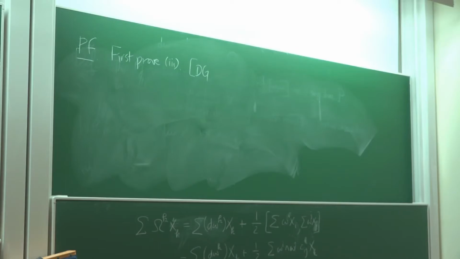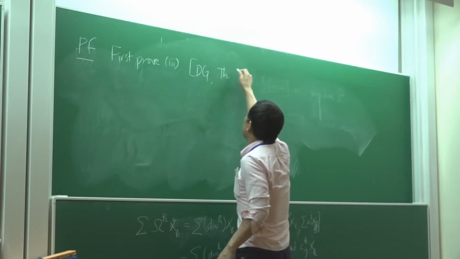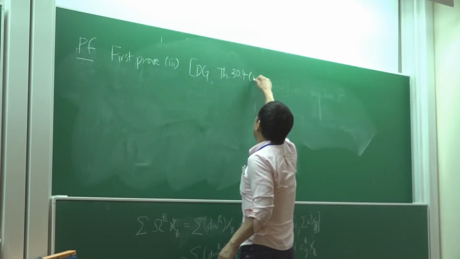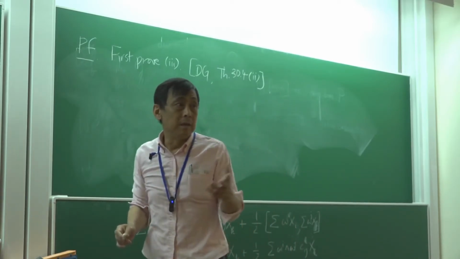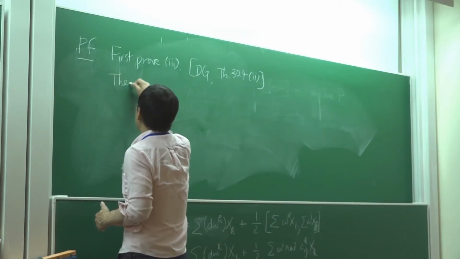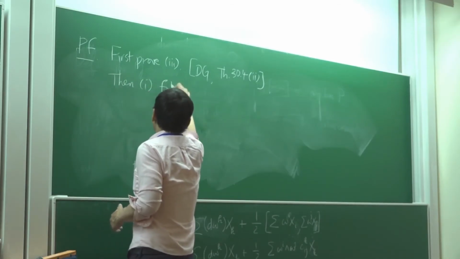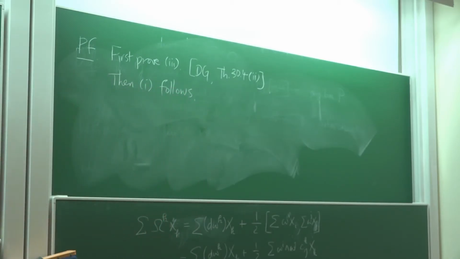The proof is theorem 30.4. And then once you have 3, then 1 follows. And 2 is because little omega satisfies the same property.